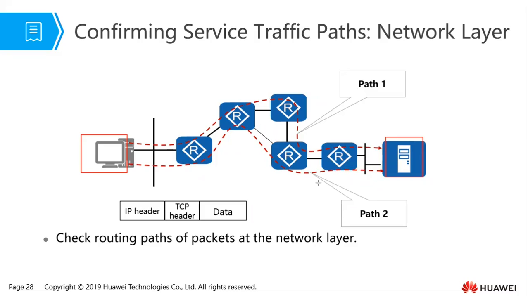So you have two paths, and you can use tracert to find out whether, if you had specified this particular path for accessing this server, it's working correctly. That is what we do.